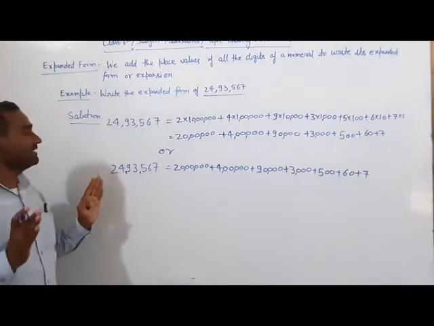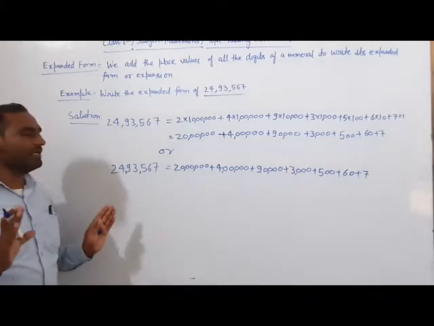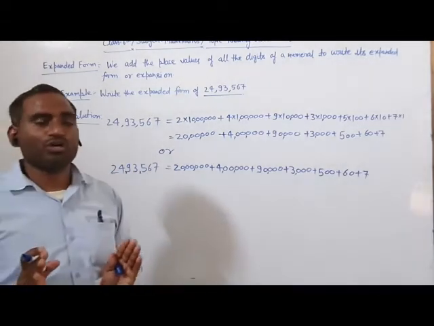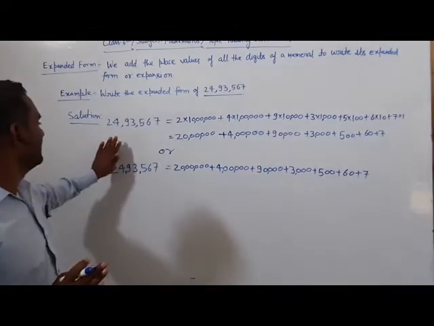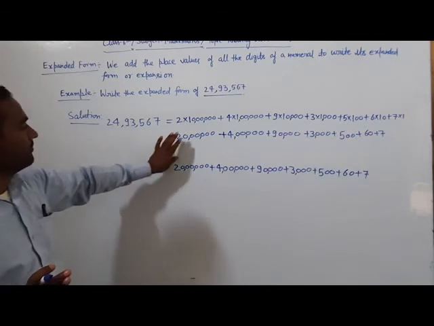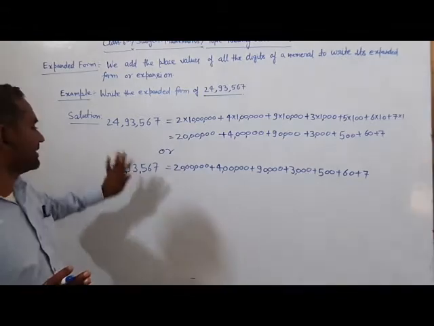For writing any numeral in expanded form, we have to add the place value of every digit. So here there are two methods to write the expanded form of any numeral.